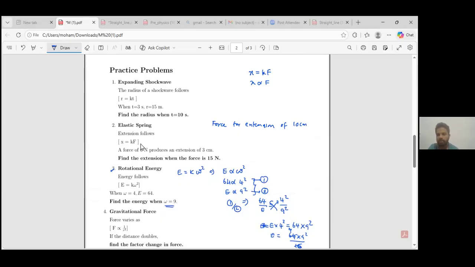The given data says that a force of 6 Newton produces an extension of 3, so 3 is proportional to 6. This is the first one. Now they're asking what's the force for an extension of 10. So we have the extension, 10, and they're asking us for the force.